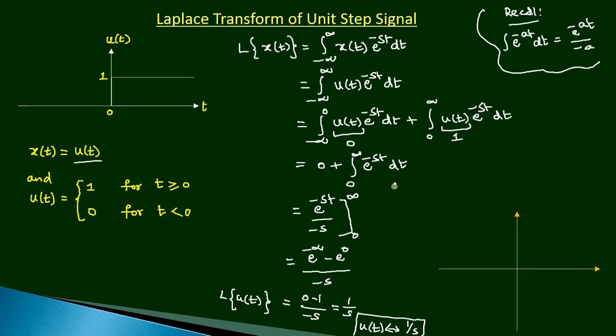Now coming to the ROC for this function, we write it from this integral. Observe this: e power minus st dt, integral over 0 to infinity. This function converges only if the real part of s is greater than 0, so that the function is an exponentially decaying function.